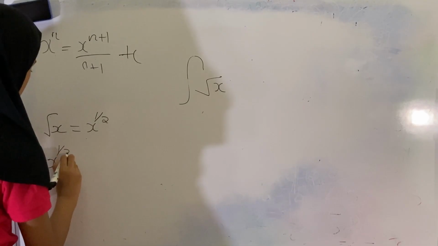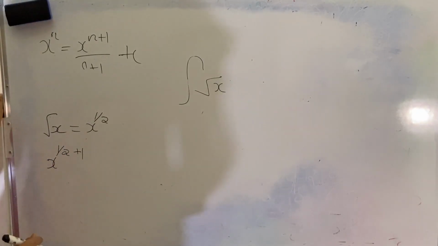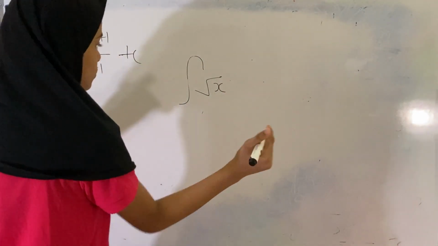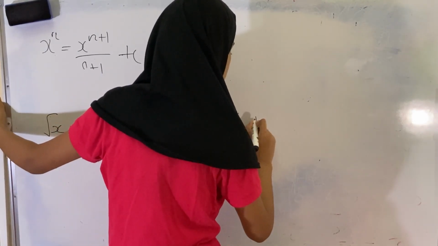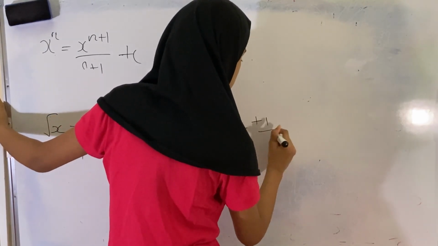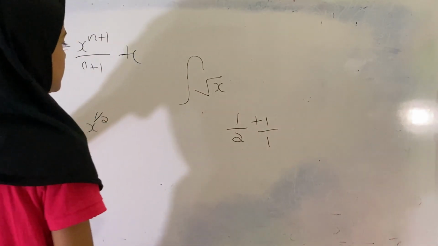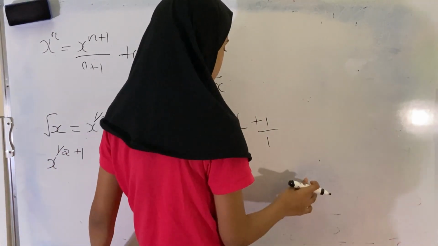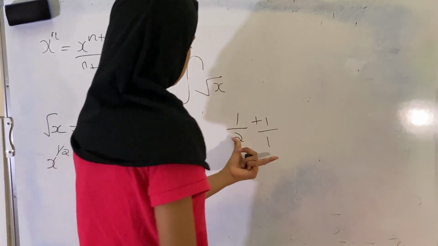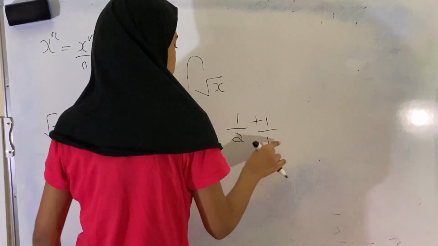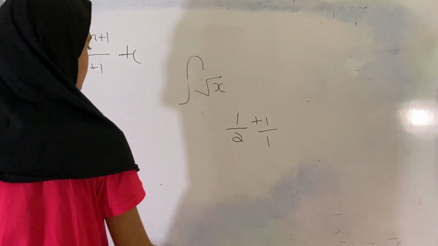x raised to 1 by 2 plus 1. Let's do it over here. So 1 by 2 plus 1. Here there is a 1, and as I said, if there is a 1, we don't need to show it. When we are adding or subtracting, we have to make sure the denominator is the same.